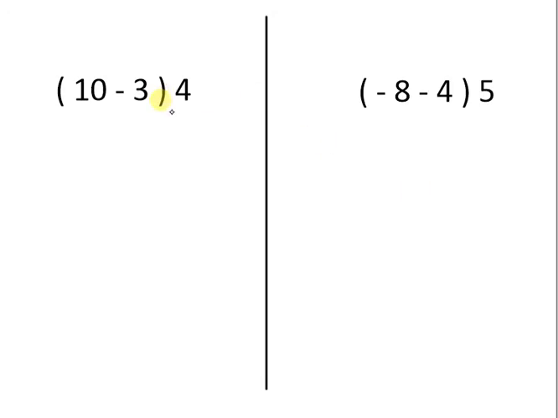All right. Now I'm going to take this opportunity for a second to address a question that some of you may be thinking. Some of you may be thinking, well, why don't I just follow order of operations and do my operation inside the parentheses? So like, for example, 10 minus 3 is 7, and then multiply it times 4 to get my answer.